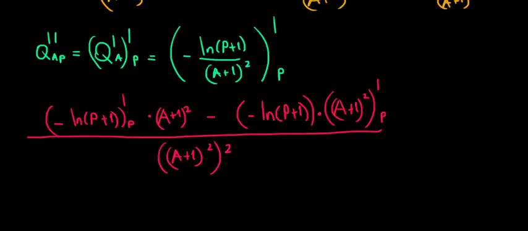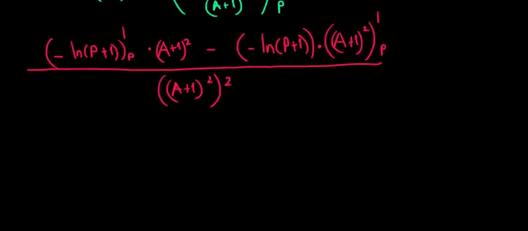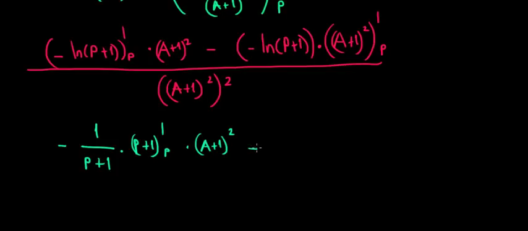Okay, what is the derivative of the first term, minus ln P plus 1? Well, we have the logarithmic property, which means we're going to have minus 1 over P plus 1 times the P plus 1 derivative, because it's not just P there, but P plus 1, an expression of P, times A plus 1 to the power of 2, minus, here we have minus ln of P plus 1.